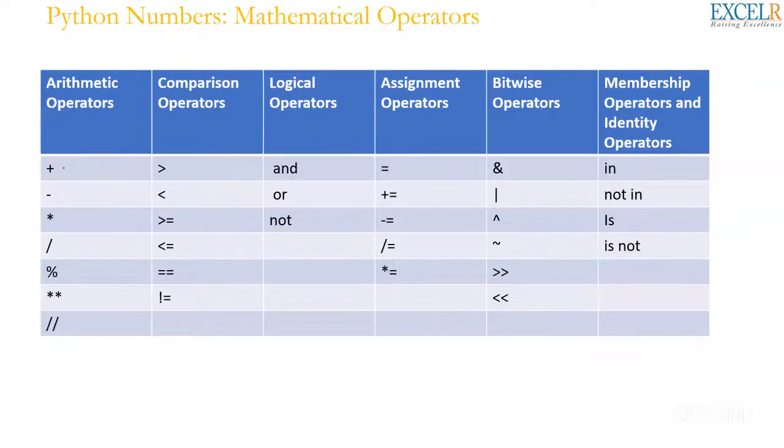Arithmetic operators. So this is called plus, addition. By the way, when it comes to strings, this gets a very different meaning. Okay. Minus is subtraction. Star means multiply. Slash means divide.